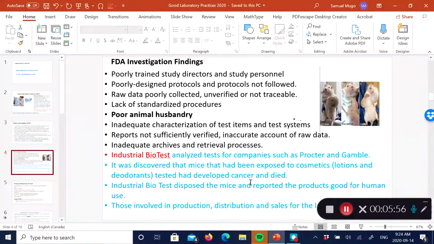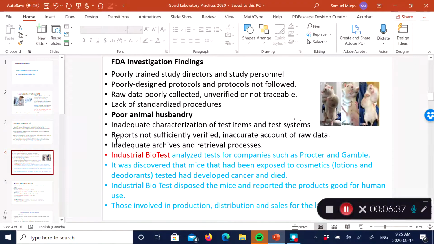As the FDA dug back to understand the authenticity of the clinical studies that were performed, they realized that the Biotest lab had not reported some of the toxicology results found during their study. The company had not documented the fact that some of the mice had developed cancer; they had simply disposed of those mice and not documented that in their study.